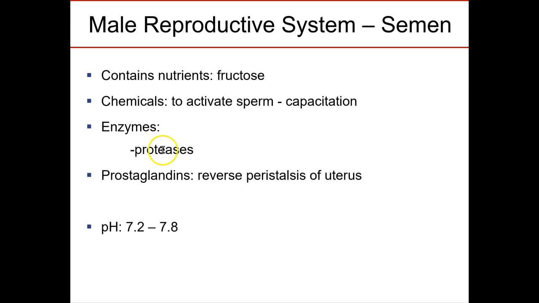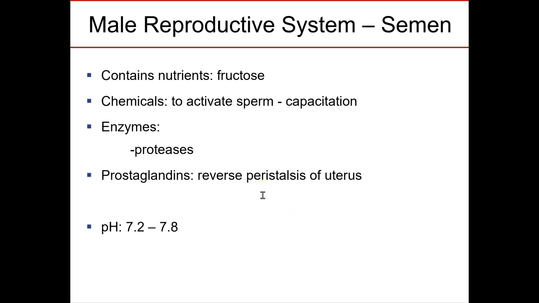And so these proteases are important for fertilization because they allow the sperm to get through the mucus. And then there are even additional prostaglandins, which cause the peristalsis in the male reproductive system to move everything out, but also cause reverse peristalsis of the uterus. What that means is it allows the uterus to kind of pull the sperm up into the uterus to help with fertilization.